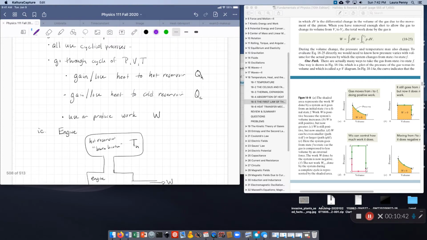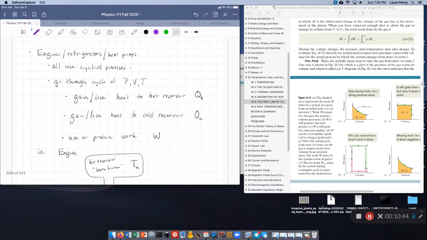Let me do, this is entirely different, but let me talk about this briefly. This is real thermodynamics kind of stuff. And thermodynamics is actually much easier than thermal statistics. Thermodynamics is looking at things from a big process kind of way, like engines and refrigerators and heat pumps. These all use cyclical processes.